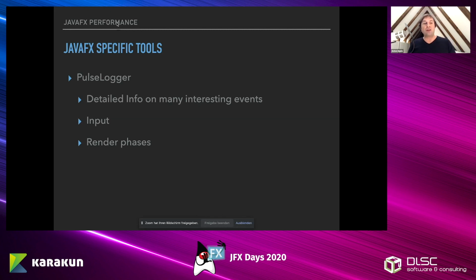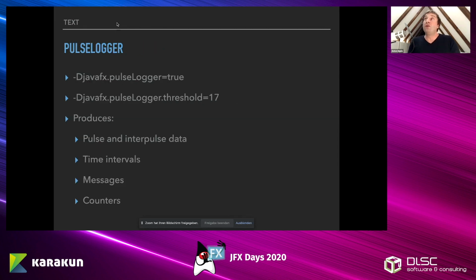And the print logger just prints out this information on the command line. So it just goes to standard out and prints you information about the pulse phases and the pulse frequency and the speed that you're getting. And it also can give you information about input events. Well, not the print logger directly, but we will see how we can get there.